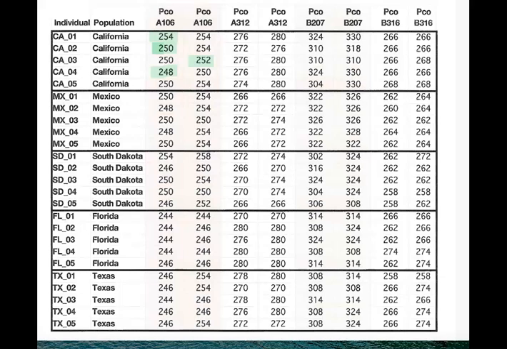All right, now for gene 312, we have 272, 274, 276, and 280. So we got 272, 274, 276, 280. Those are the ones that are different. Then for gene 207, we've got 310, 304, 324, 318, and 330.